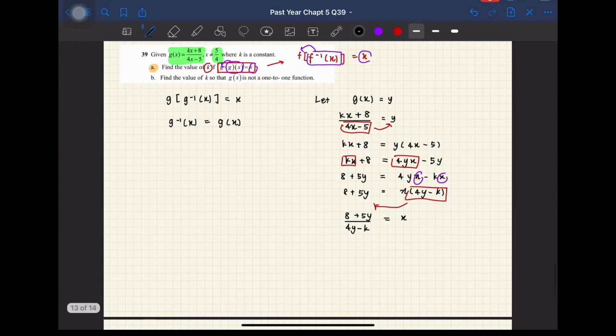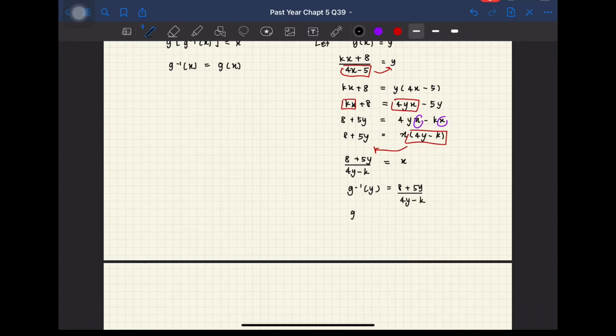Okay, so x is actually our g inverse of y. So awak dapat g inverse y is equal to (8 tambah 5y) per (4y tolak k). Okay, so g inverse x kita is equal to (8 plus 5x) over (4x minus k).